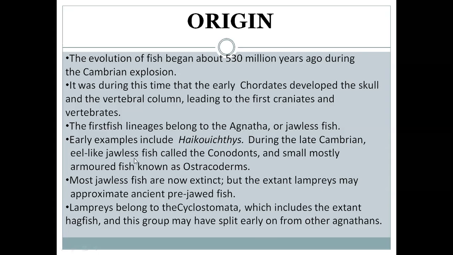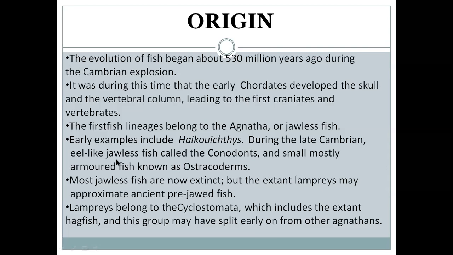During the late Cambrian, eel-like jawless fishes called conodonts were also there. You also have to remember these conodonts. These conodonts are now extinct. They look like jawless fish, eel-like jawless fishes.